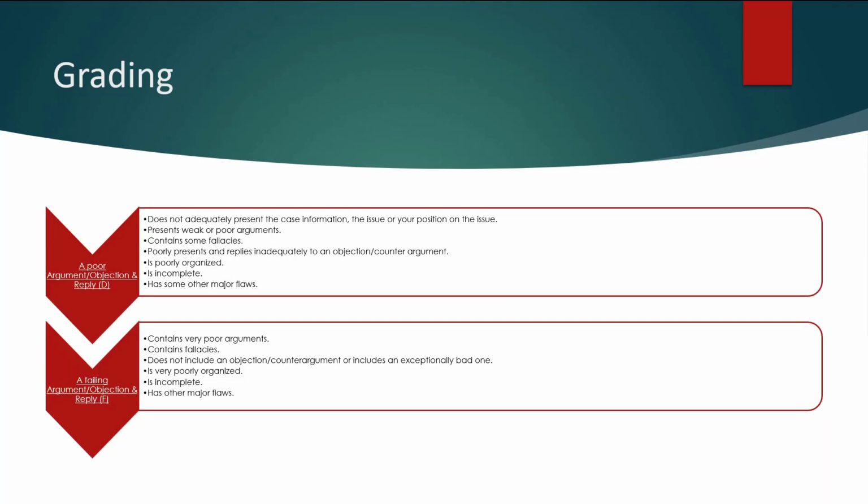Now on the bad side, a poor argument or objection has some meaningful, serious problems. It may be incomplete. It's got major flaws. It might have a fallacy or two. The arguments are weak or poor. It's not a total failure because it's only a D, but it's kind of bad.